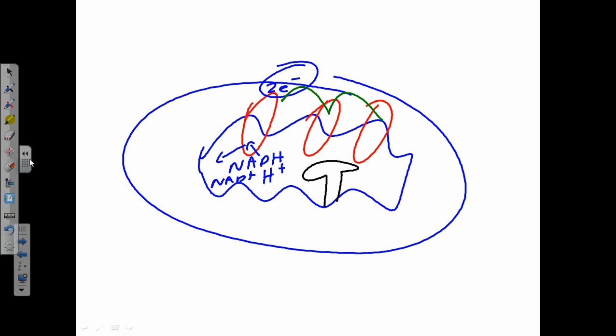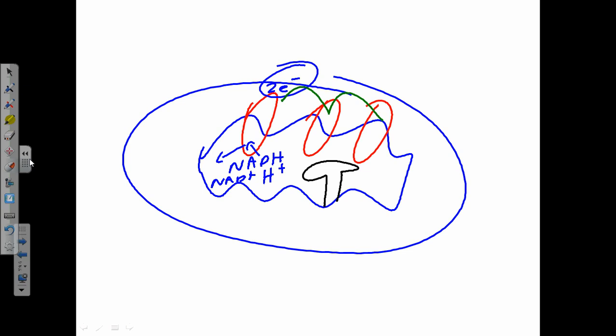As water falls down the waterfall, what's it losing? As this pin falls, it is losing what? Potential energy. It's losing energy. And in this case, that energy is being used to do what? The energy that it's losing is being used to do what? Pump protons which way?